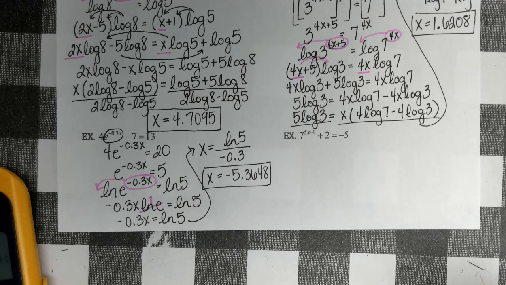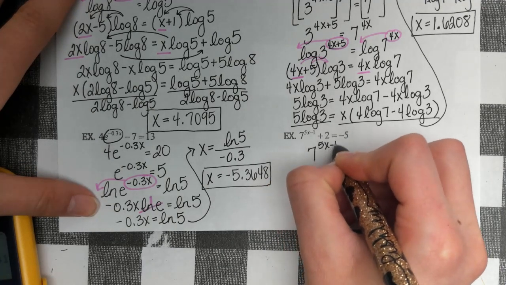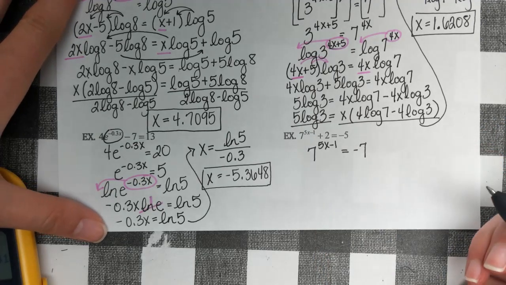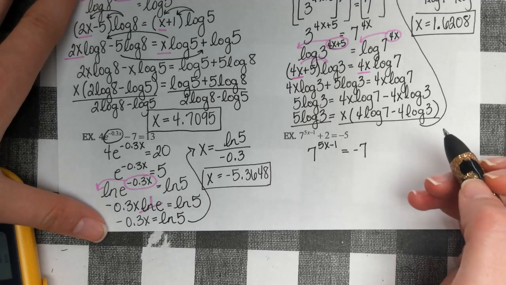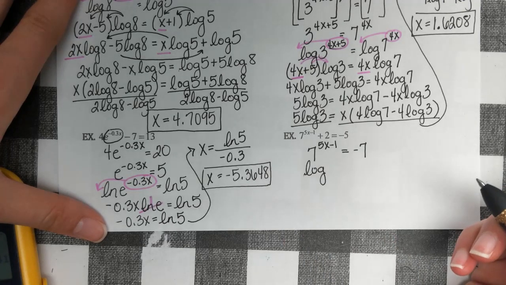Okay, walk me through my next one. So I've got 7 to the 5x minus 1 power equals, and then log of both sides.